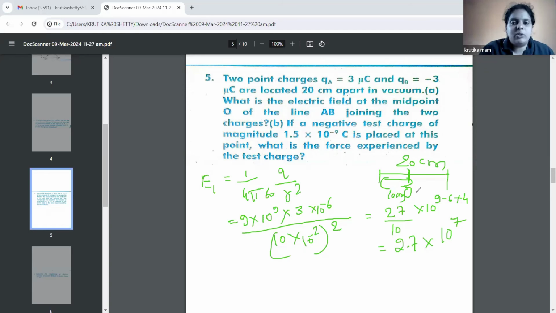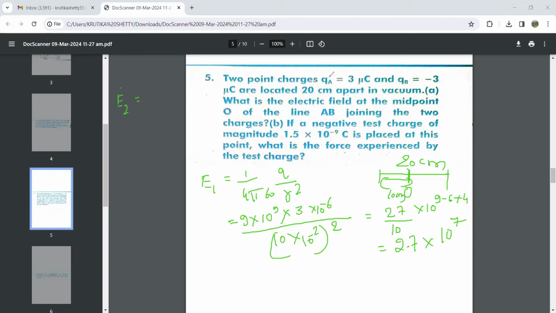This is your E1. What about your E2 value, students? E2 value is also the same, because it is also 1 upon 4 pi epsilon naught Q by R square.